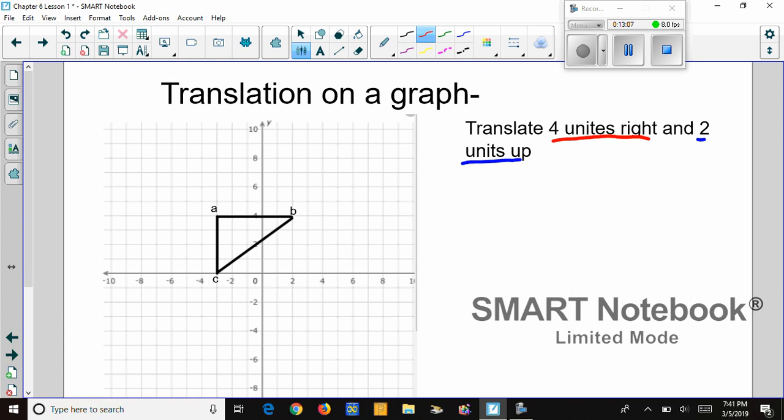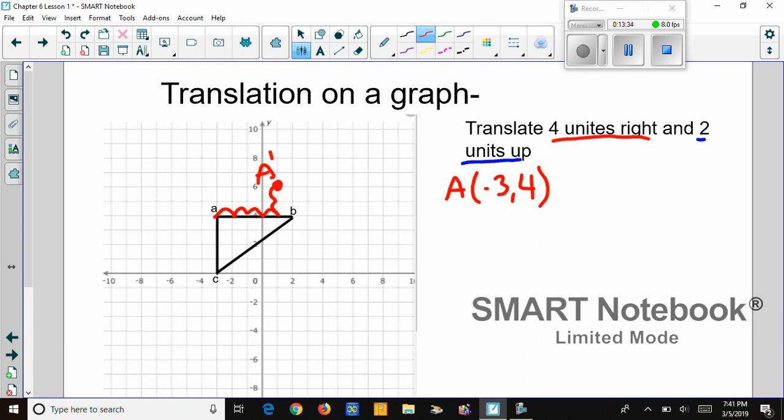So for A, which is over here at -3, 4, I'm going to shift it 4 to the right. So 1, 2, 3, 4, and then up 2, so 1, 2, to get A prime.